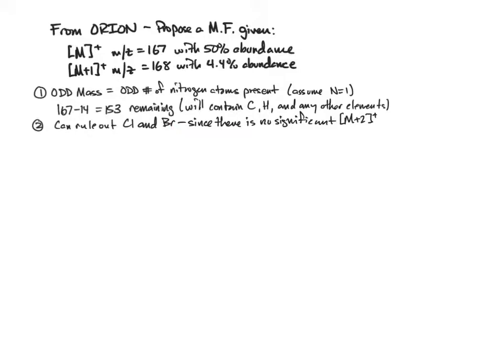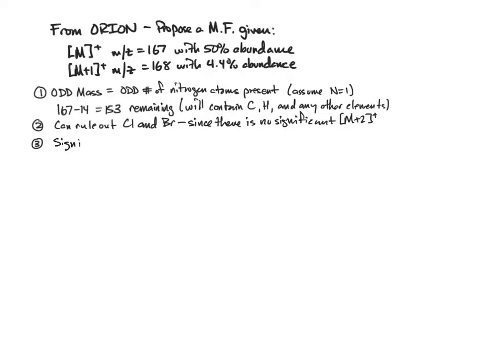So the next clue here is that we have what I would consider a significant contribution of M+1 at 168 with 4.4% abundance. And so what we can infer from that is the M+1 contribution is due to carbon 13, which is present in a natural abundance of 1.1%.